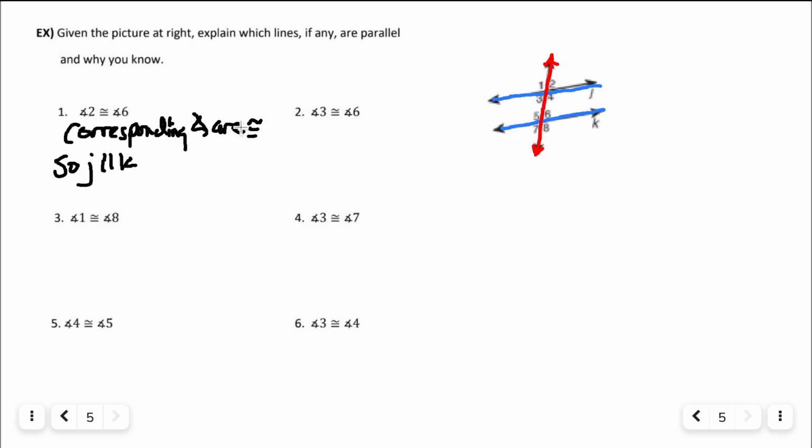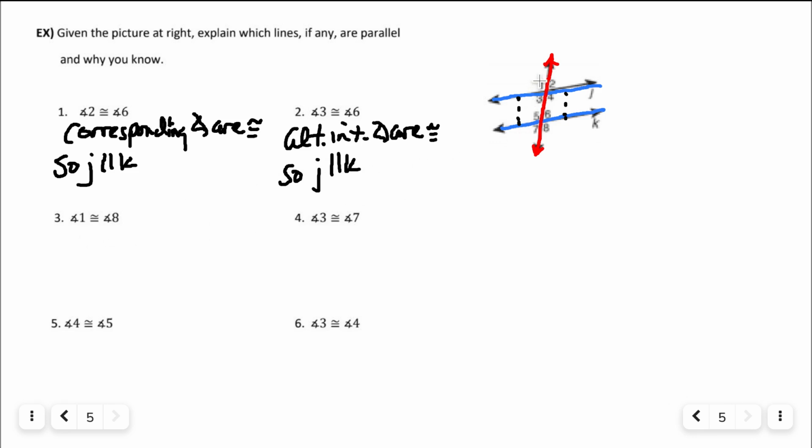If the corresponding angles are congruent, then the lines are parallel. How about 3 and 6? 3 and 6 are in the interior between the two blue lines. 3 and 6 are alternate interior. Alternate interior angles are congruent. So we can conclude that J is parallel to K.